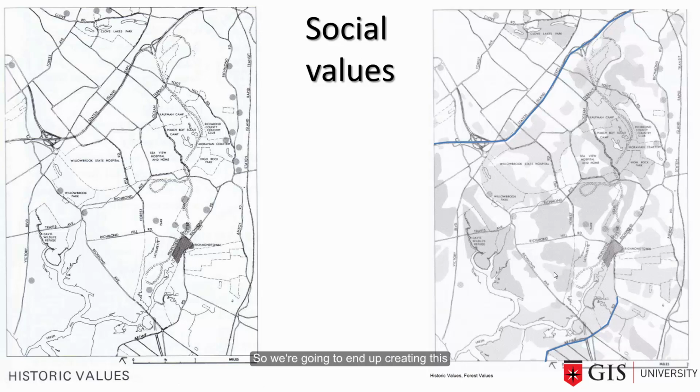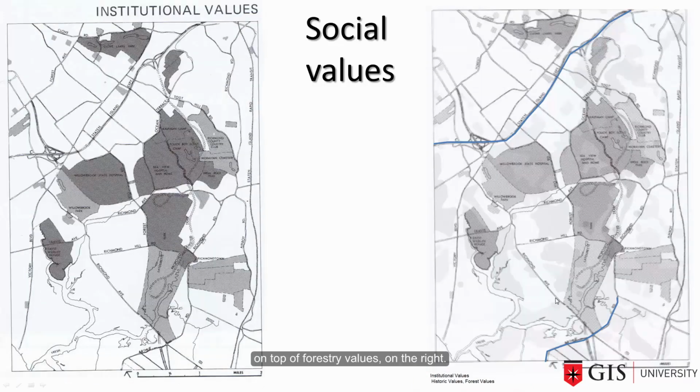So we're going to end up creating this composite map of social values. So we've got historic values. So things like old homesteads and things like that are shaded dark. We don't want roadway to go through those. And so we've now got historic values on top of forestry values on the right.